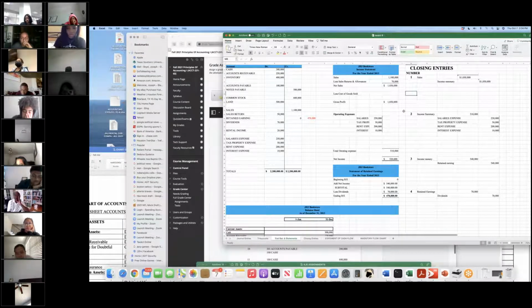And then gross profit would then be 1030. Then we add these expenses. It's like 520 for the net income. Well, this is 510, okay? So the net income is 520. So when that happens, then you got to put a 520 here.